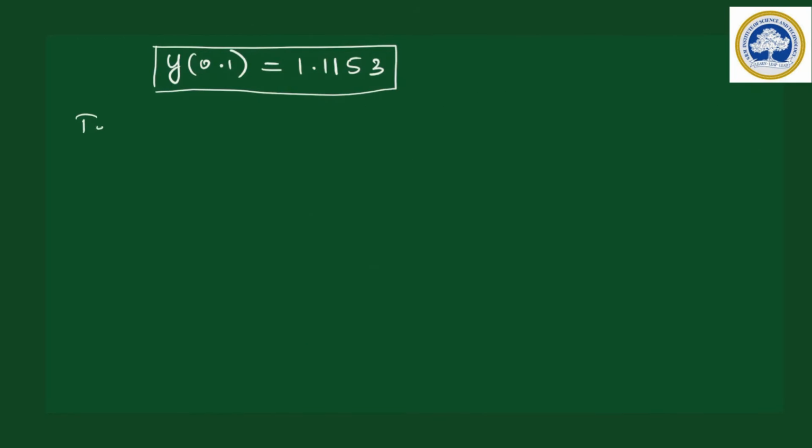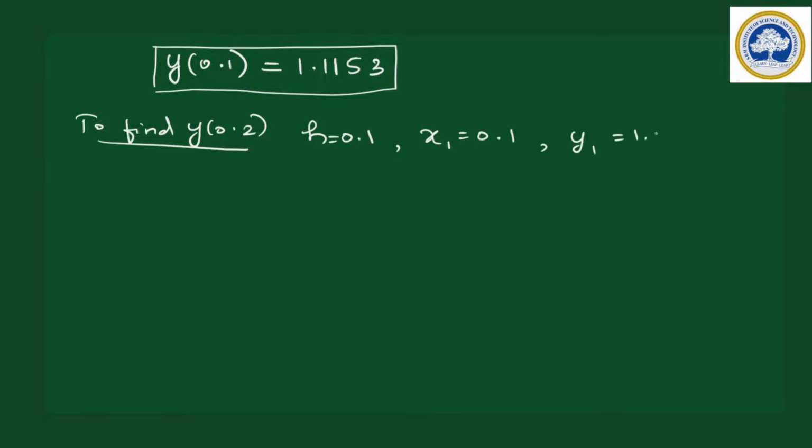So this is the way we are calculating y of 0.1 using the Runge-Kutta method of second order. Now let us find the value of y of 0.2. To calculate y of 0.2, we already know that h is equal to 0.1. Apart from this, here x1 is 0.1 and y1 is 1.1153. Is it clear?